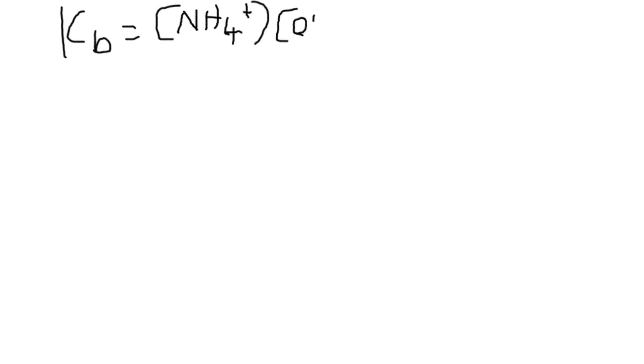So what we're going to do here is we can say that our Kb expression, which are the products for the base dissociation, so ammonium and hydroxide, over ammonia.